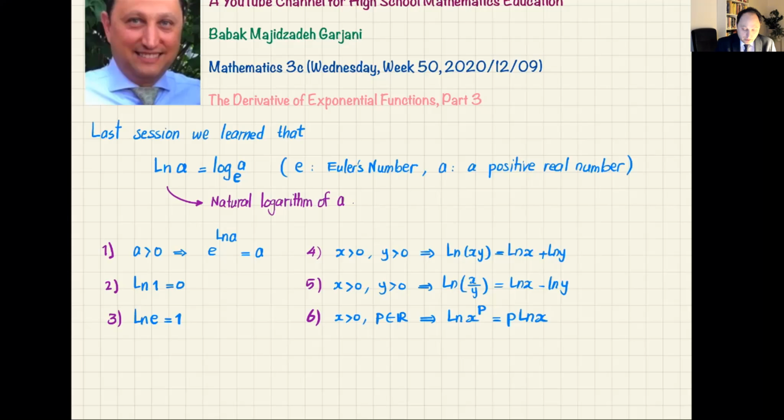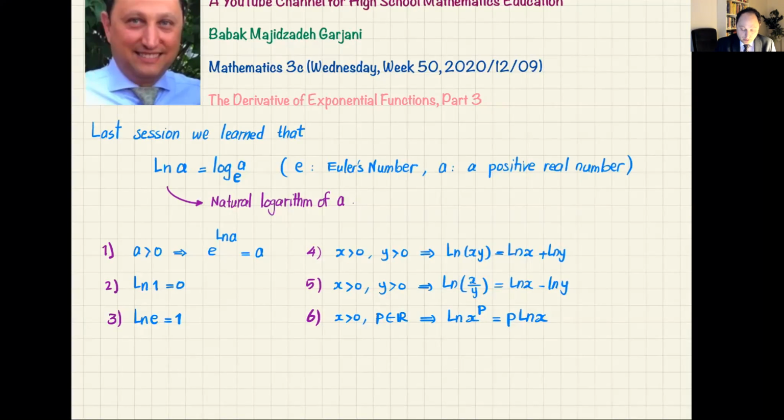And then we realized that if x and y are positive numbers, ln of the product x times y becomes ln of the first one plus ln of the second one. So ln actually transforms a product to a sum. And ln also transforms a fraction, a division, to subtraction.